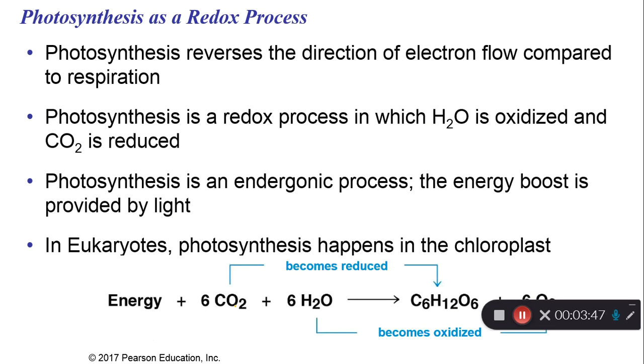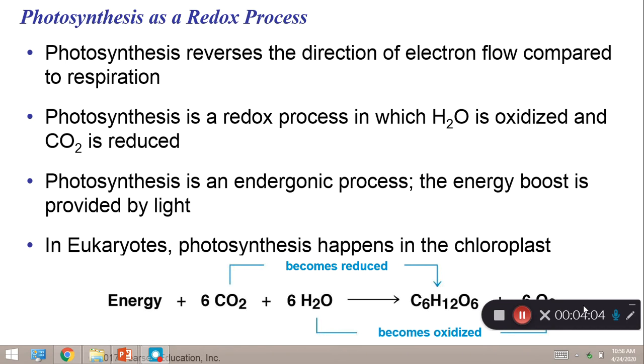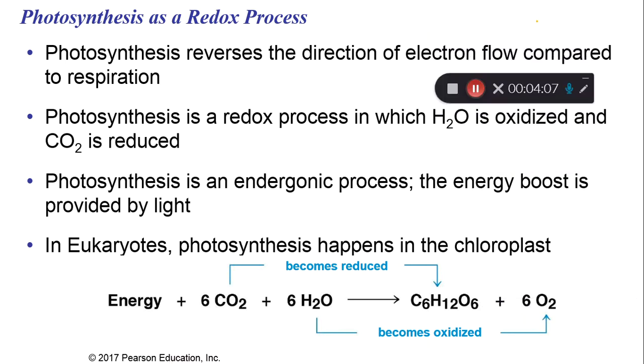In photosynthesis, it's basically the opposite electron flow compared to cellular respiration. If you want to think about oxidation and reduction, like from what we were talking about in our lecture last week, you can also just follow the hydrogens here as well. Leo the lion says grr: lose electrons is oxidation, gain electrons is reduction.